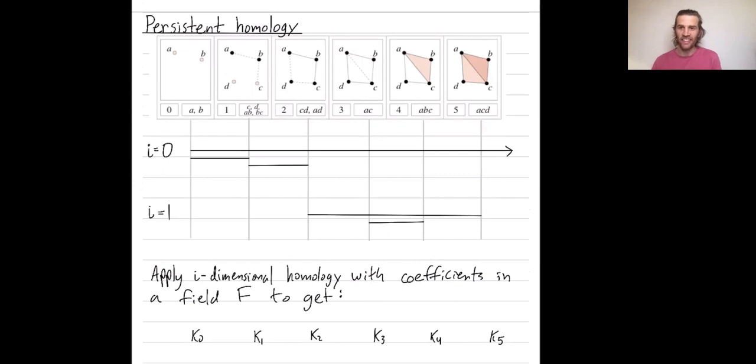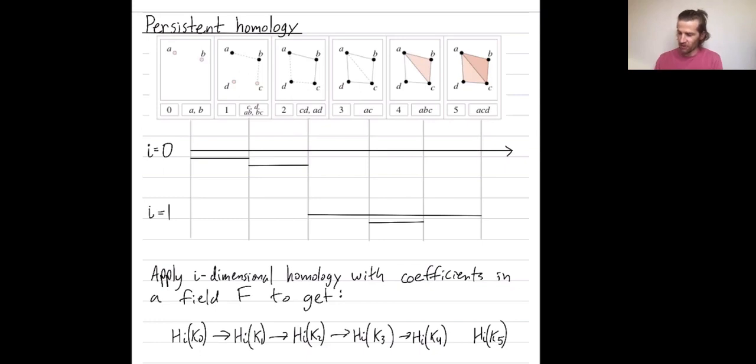So I won't write the field F, although the field F is important for what we do throughout. We have homology of the 0th space, homology of the first space, homology of the second space, etc. The inclusion maps between the spaces give you maps between the homology groups. They don't necessarily give you injections between the homology groups, just maps between the homology groups.